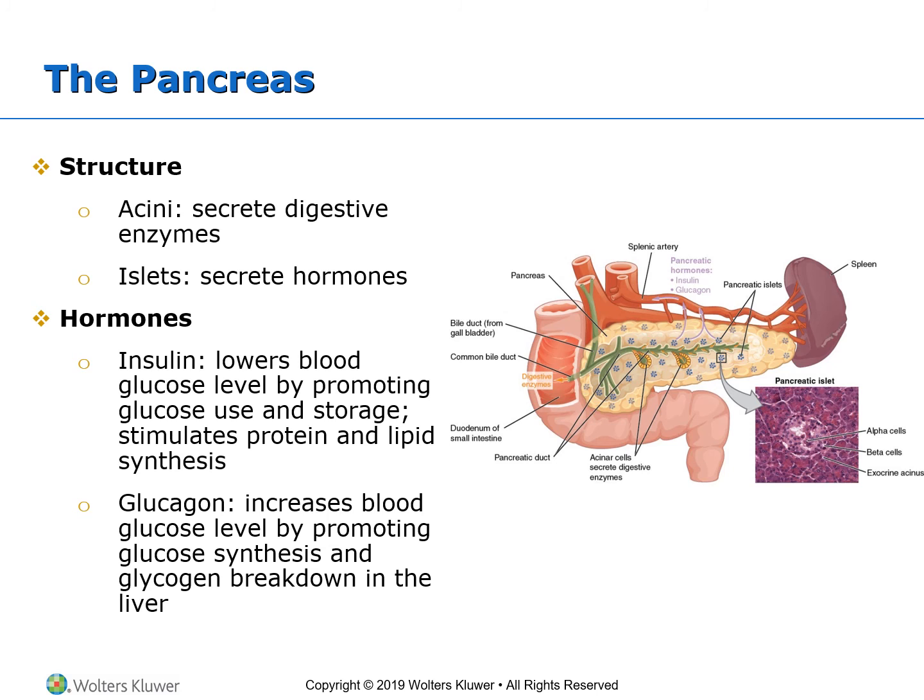We'll have the islets that are areas of pancreatic tissue that is able to secrete hormones. And we'll have the acini that are a different type of cells organized like an exocrine gland that will secrete the digestive enzymes that through a duct will be eliminated inside the digestive system.